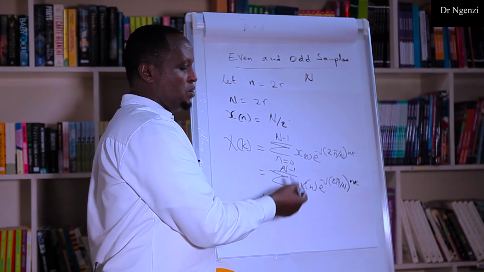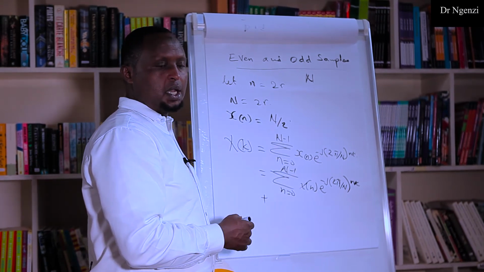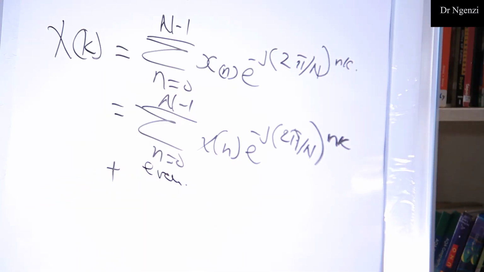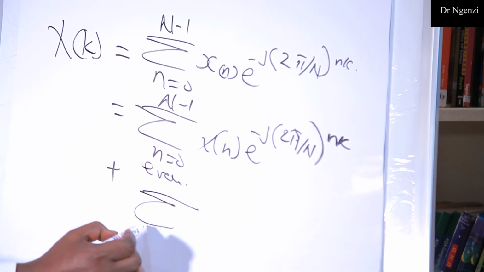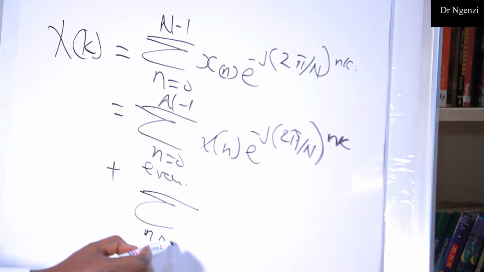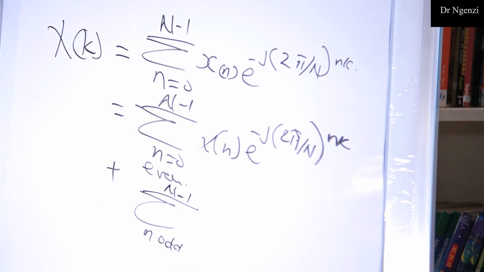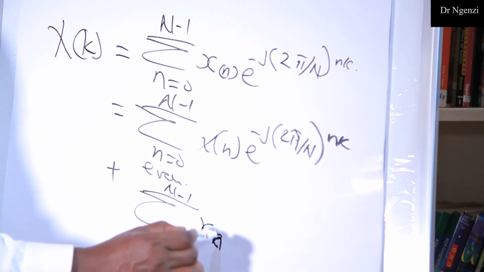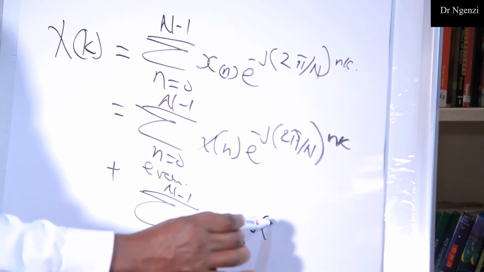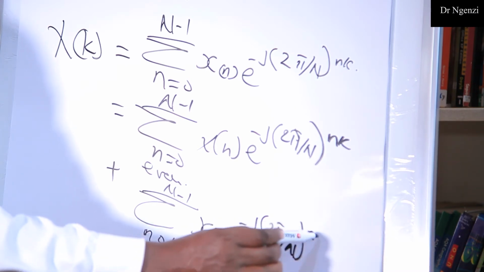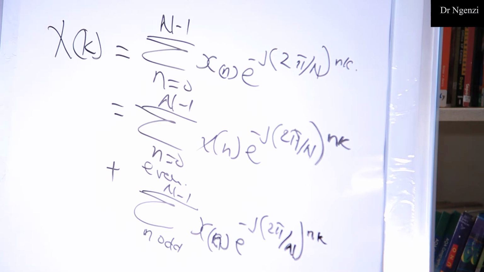The odd part is the same case, where the first sum is over the even n and the second over the odd n, with the same 2 pi over N times nk, or kn.